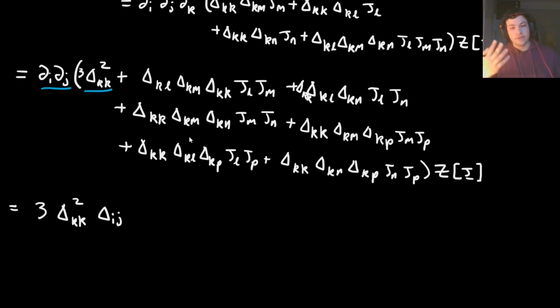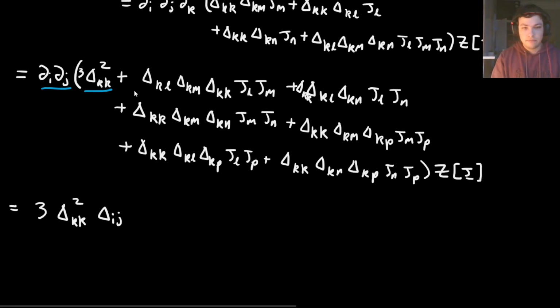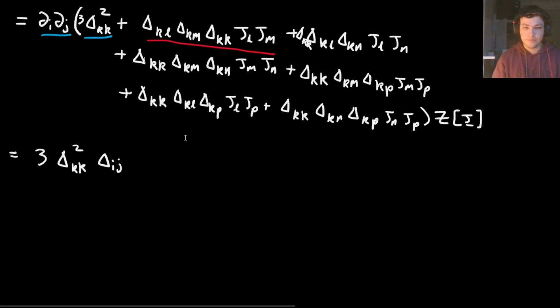Now all of these terms are basically the same, right? They just have different dummy indices. This one's got an L and an M, this one's got an L and an N, but they're all effectively the same. So let's focus on this one. I'll do it just below.